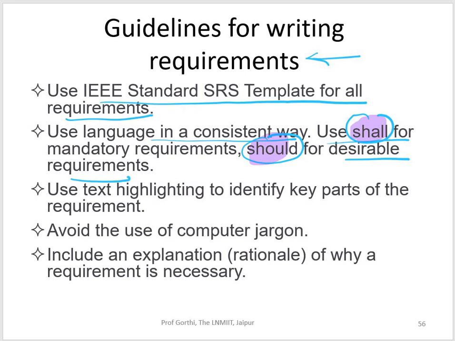So these are some basic guidelines for writing the requirements. One is to use the IEEE standard SRS template for all the requirements. Use language in a consistent way. Use shall for mandatory requirements, should for desirable requirements.